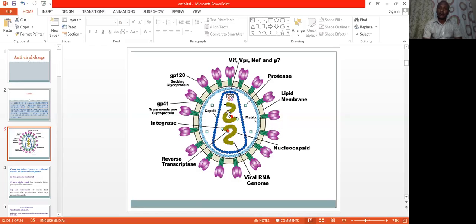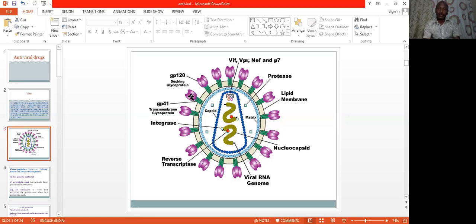This is the basic structure of a virus, how it looks, the main components of a virus. So among the main components, one enzyme is the protease enzyme. You remember this protease enzyme, and then you have the inside genome, that is RNA, or it can be DNA, and then the reverse transcriptase enzyme, and another one, the integrase enzyme. So these are the enzymes present with the virus.